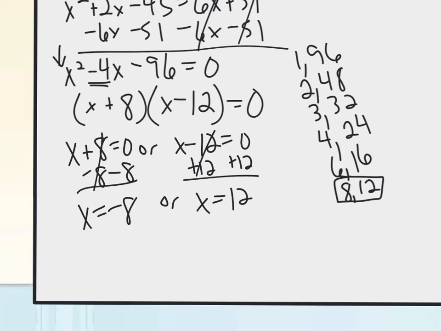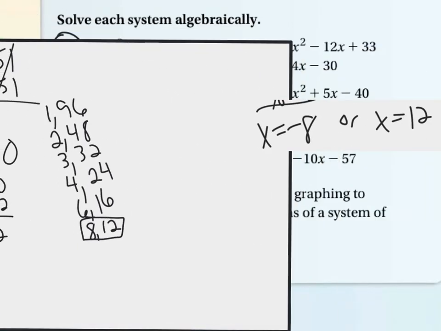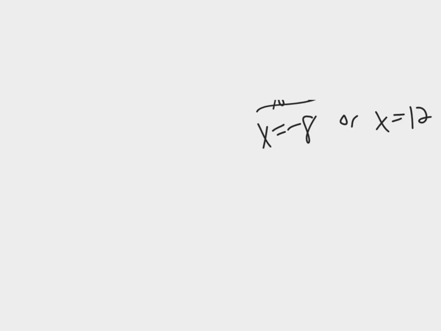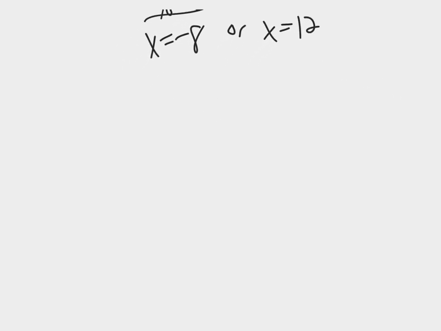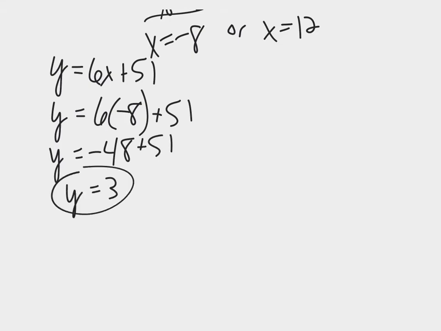Let me copy that and move it over where I can have a little bit more room to work. If x is negative 8, I'm going to substitute this into the linear equation. And that would be 3. So there's one pair, negative 8, 3.